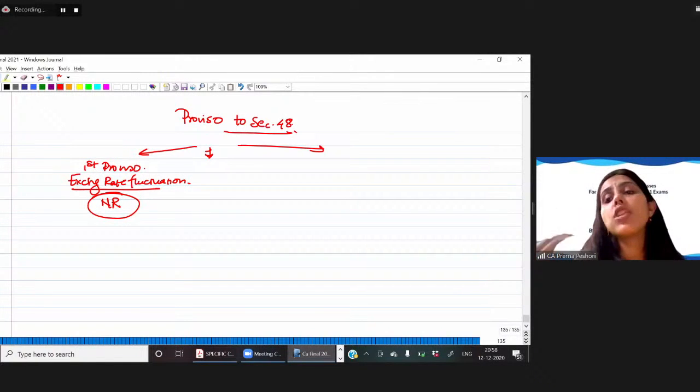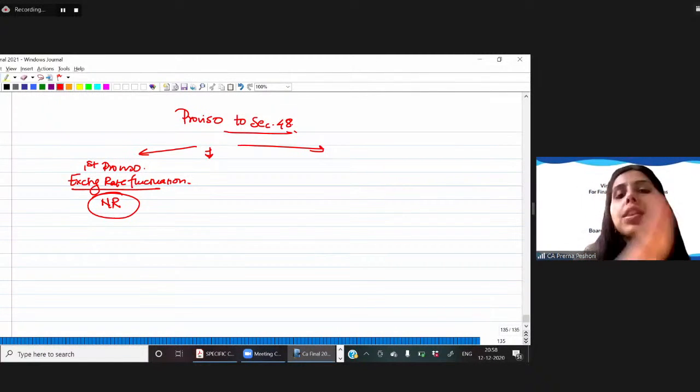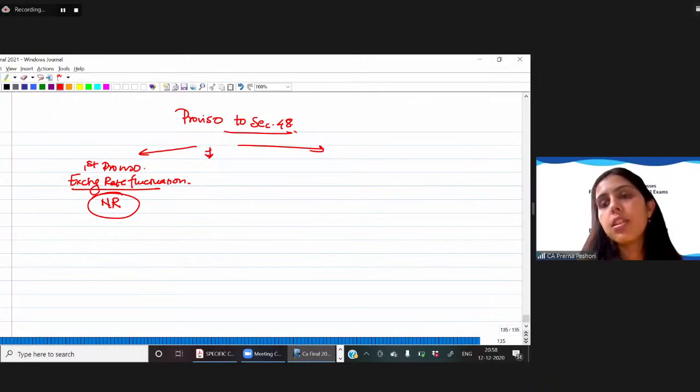You get the exchange rate fluctuation. You convert all the value of shares in foreign currency, you compute the capital gain, you convert it at TTBR and TTSR average rate, and then you reconvert the capital gain into Indian rupees. Clear?